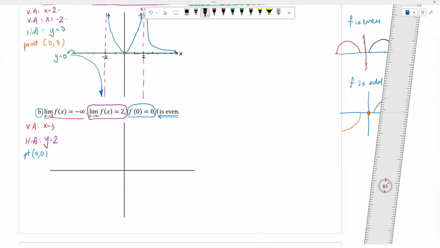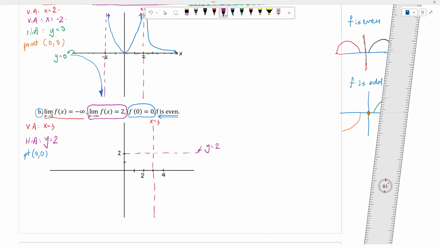Okay. So again, I would like to put on the scale. And I have a vertical asymptote at x equal to 3. I have a horizontal asymptote y equal to 2.